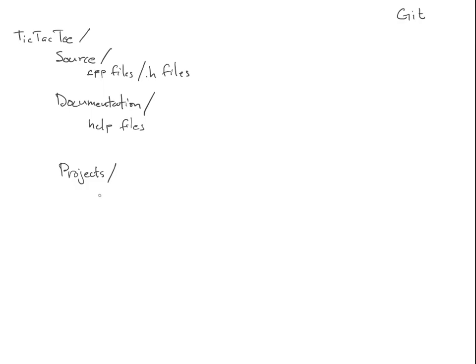And I just don't find any value there. You're more than welcome to put them under a platform and then maybe even another directory if you want to have multiple builds depending on what you're running against, but it's totally up to you. But this is what I'm doing, and that's why I'm doing it. So we're going to have a Xcode folder, and we're going to have a Visual Studio folder.